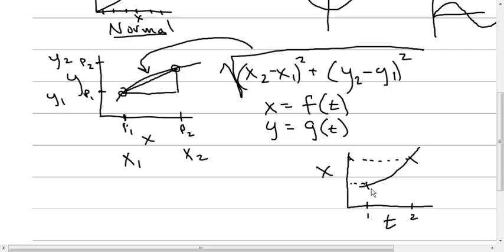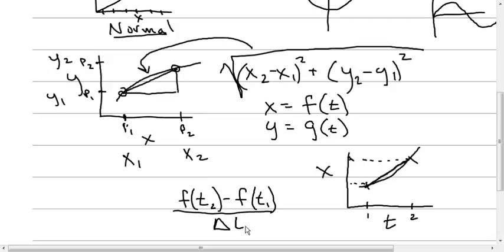Now, there is a slope that takes place on average between these two time points. And so that's just going to be f of t2 minus f of t1 divided by the change in t.